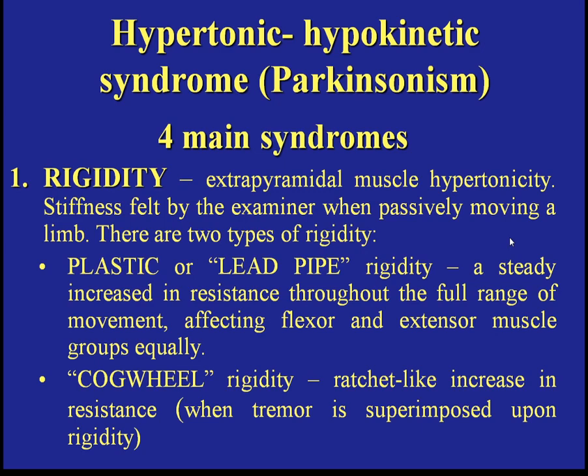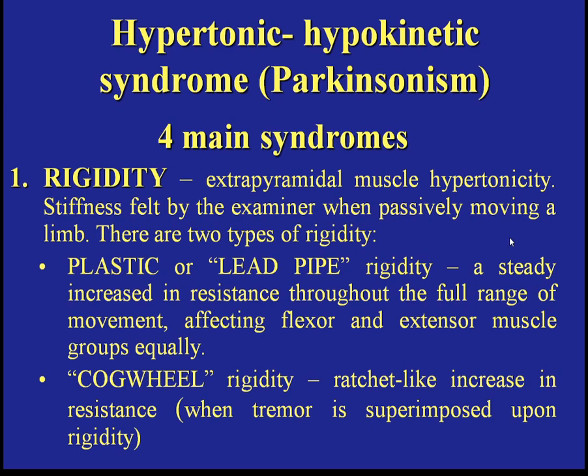In this case, we have absolutely another type of muscles hypertonicity, rigidity. Rigidity is typical for extrapyramidal hypertonicity, spasticity for pyramidal hypertonicity.